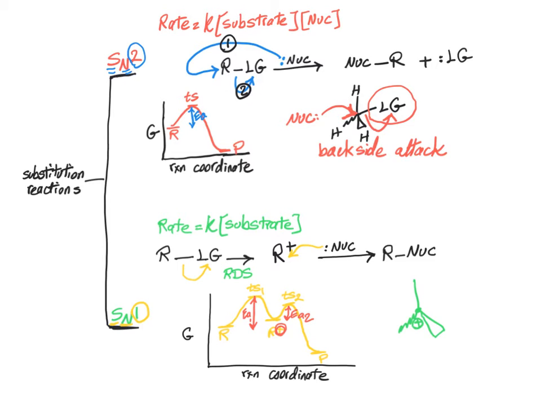And now the nucleophile can attack from front or from back. So the nucleophile can attack from either side. It can attack from the front side, or it can attack from the back side.